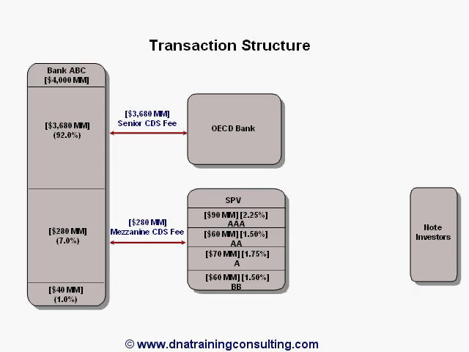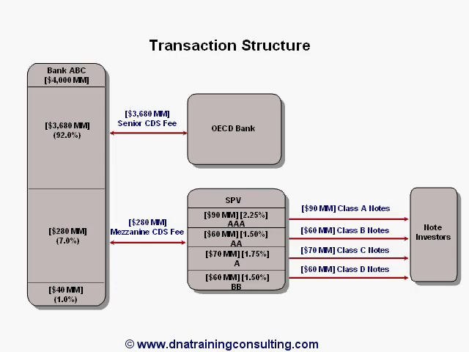In terms of initial cash flows, the investors purchase the various notes from the SPV for cash in an aggregate amount of $280 million, and the SPV immediately invests this cash in AAA floating rate securities issued by a G7 government or government agency, which we assume yield LIBOR flat.